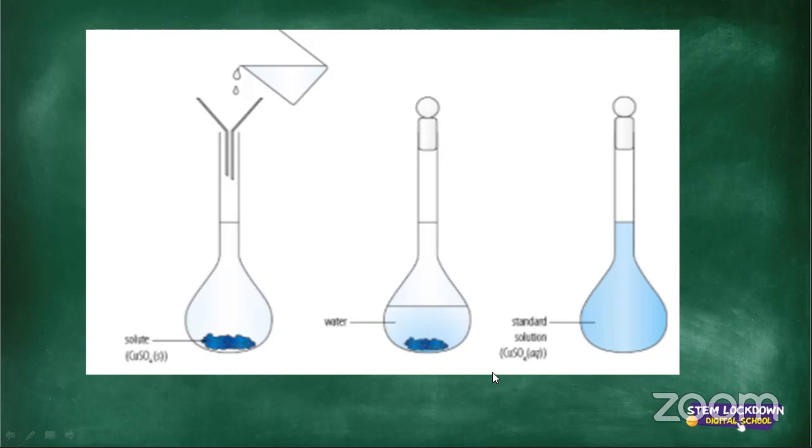Here you can see they put CuSO4. First it was a solid, they added water into it, closed the flask, shook it, and this is our solution. That solution is what we call a standard solution because it doesn't need to be heated. It can just get you your result without having to burn gas cylinders, etc.